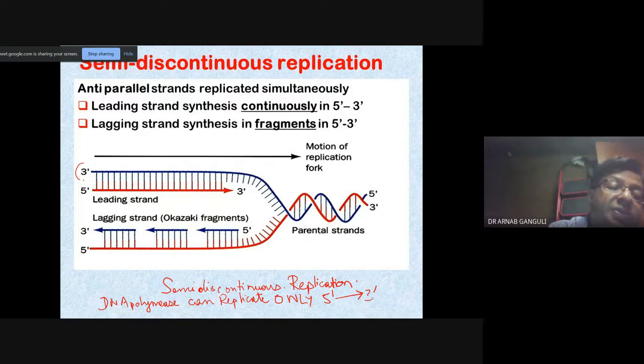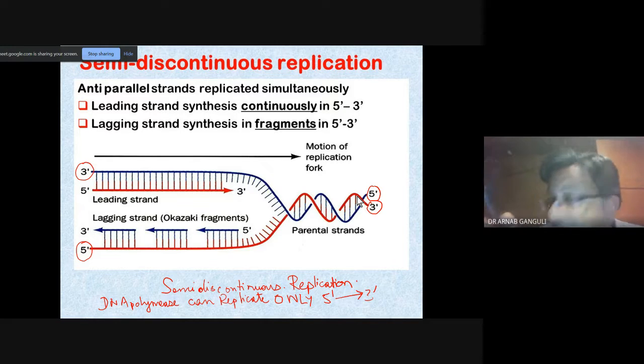So you see this blue strand over here, that is the 3 prime end, and this is the 5 prime end of the blue strand. And the red strand over here, this is the 5 prime end, and this is the 3 prime end. Since replication can take place only in the 5 prime to 3 prime direction, there is this strand known as leading strand.